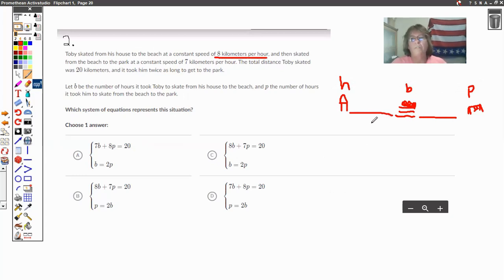And we know that he went from here to here, and he did it at 8 kilometers per hour. And here he went from the beach to the park at 7 kilometers per hour. And then it says the total distance that he skated was 20 kilometers.